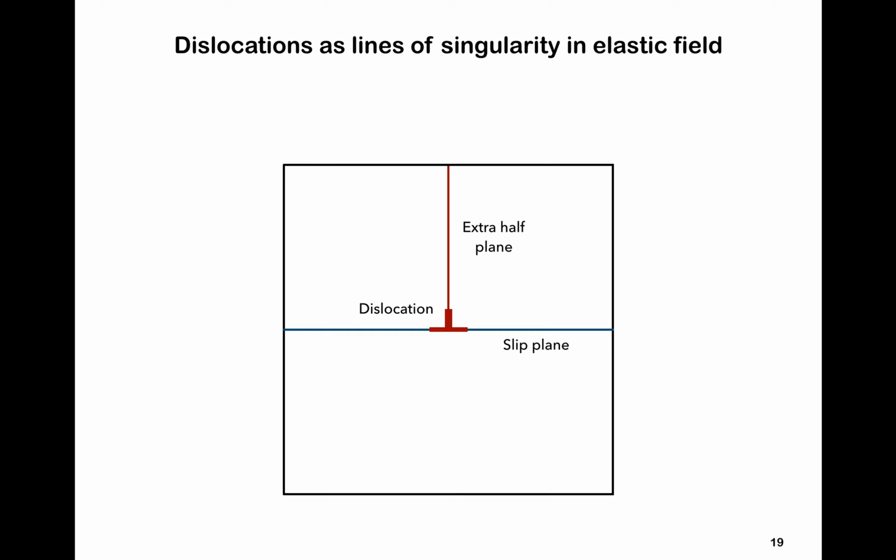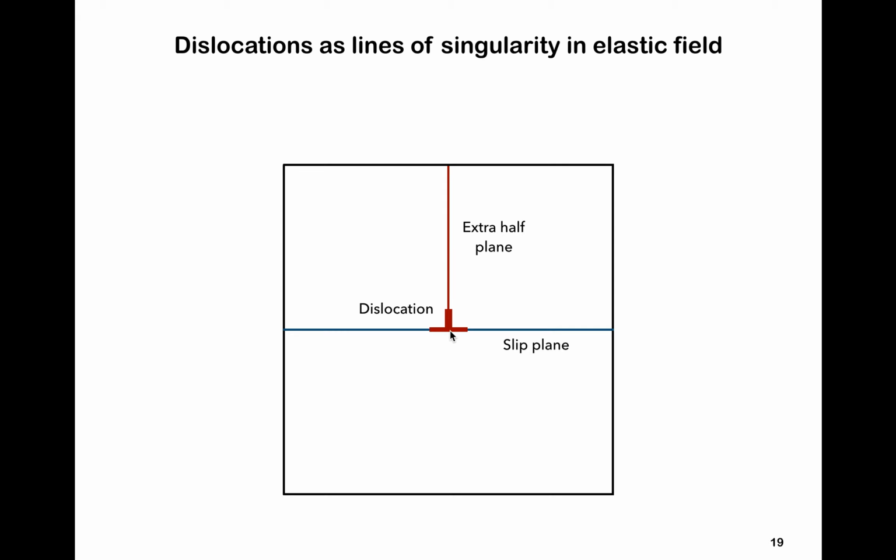In the macroscopic limit, the earlier situation can be idealized as follows. There is a definite plane called the slip plane on which this extra half plane ends. On the continuum scale, this extra half plane is a thin line, and the dislocation itself is out of the plane of paper.